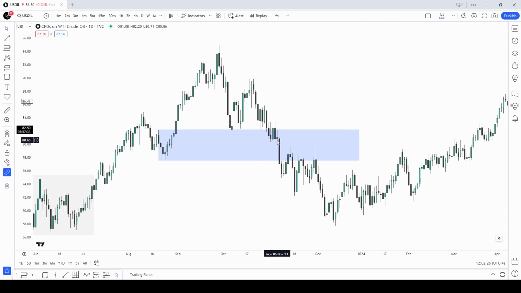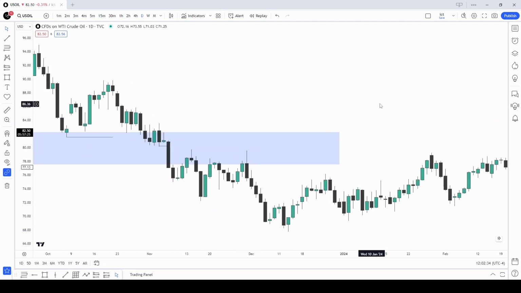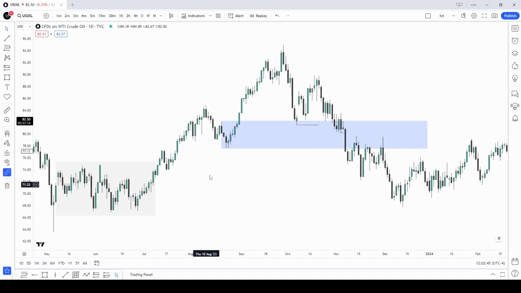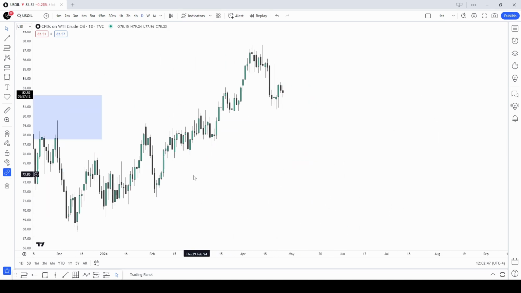And you can see it lines up perfectly with the fair value gap, which would be used on our second level of distribution down below the lows. And you can see as soon as we do that, look how many down close days we have. Open, high, low, close, open, high, low, close, open, high, low, close, and so on and so forth, down towards the consolidation. And this happens all the time.